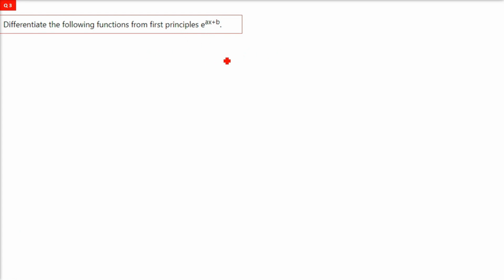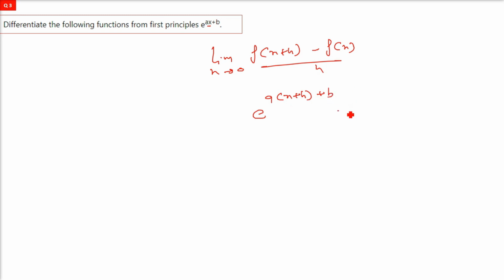Now e to the power ax plus b. So f(x plus h) minus f(x) divided by h, limit h tends to 0. This formula should be in your mind. e raised to the power a(x plus h) plus b minus e raised to the power ax plus b divided by h, and limit h tends to 0.